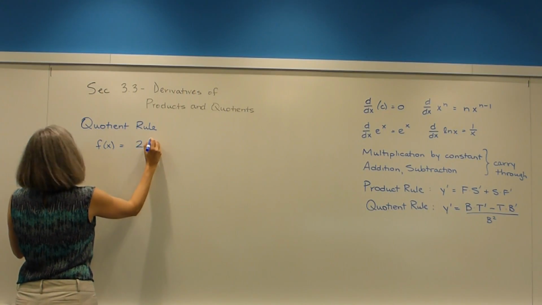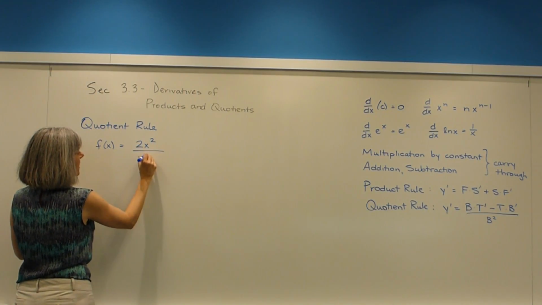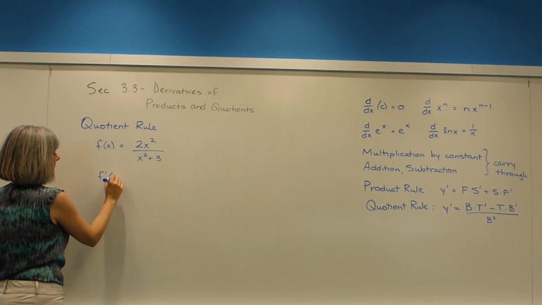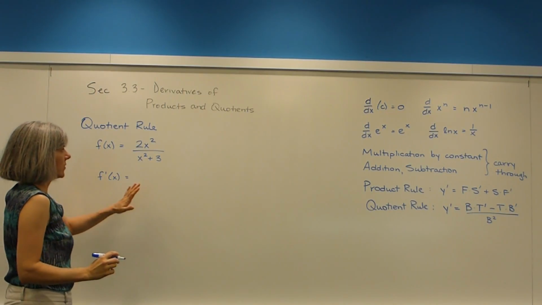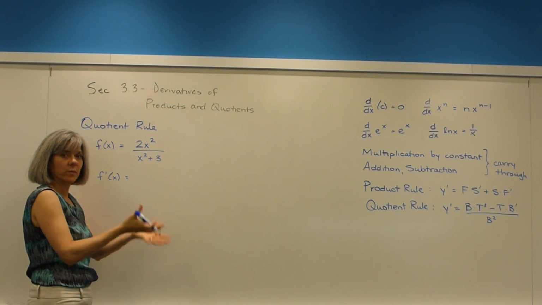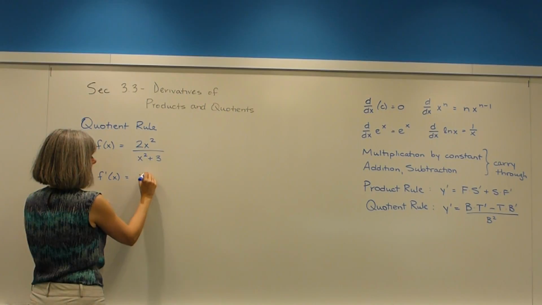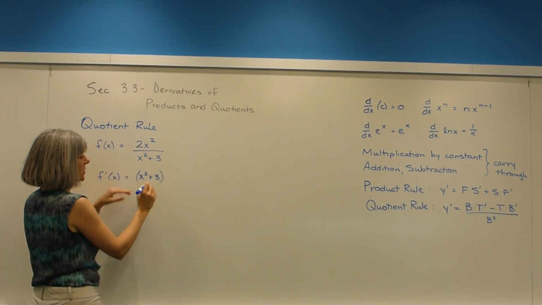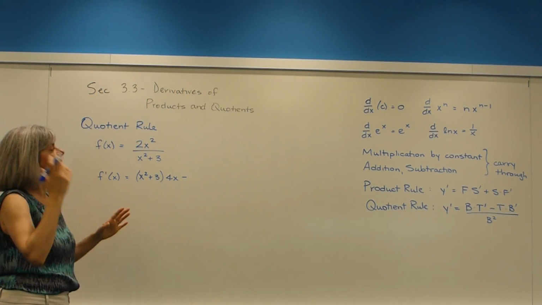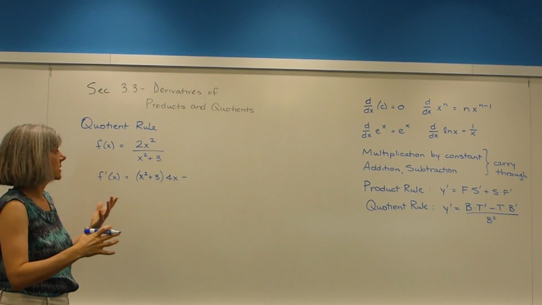2x squared over x squared plus 3. So we want to find the derivative. So again, we have top and bottom. We're going to start with the bottom, work from the bottom up. Bottom times derivative of the top, 2 times 2x, 4x, minus. And here's where I really encourage you, again, to use parentheses.